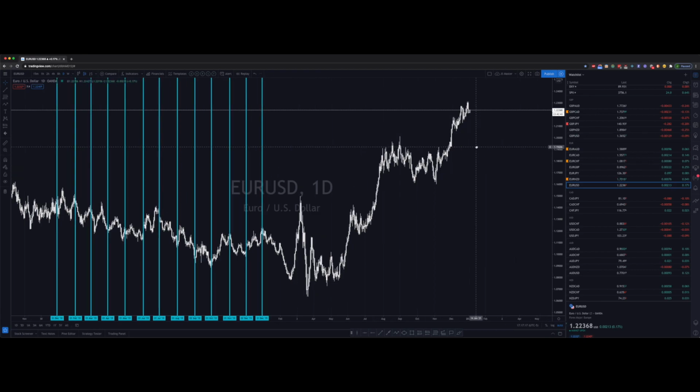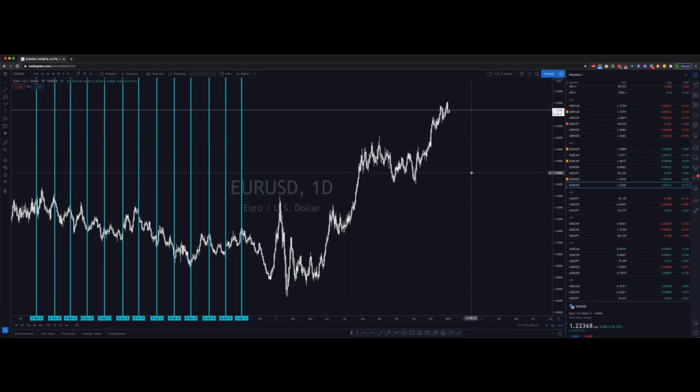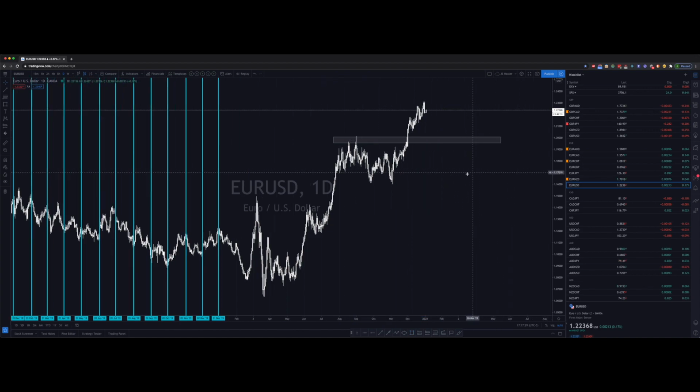Yeah, this looks okay for longs, but I wouldn't be taking any long positions up here. I'd probably want to see price make a corrective movement back into this high that it broke. It broke it recently, early December, but the high was formed August last year.